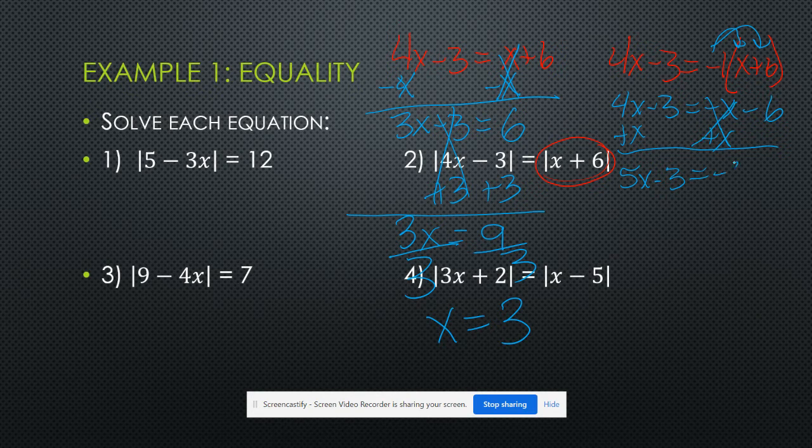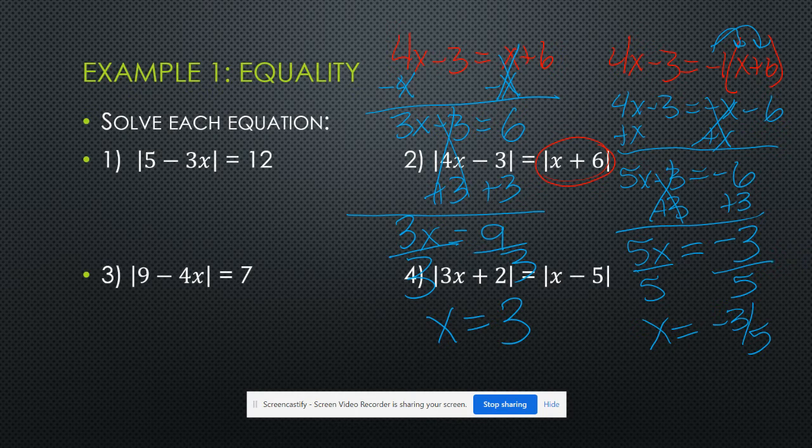This adds to 0, and we have negative 6. Add 3. That adds to 0. Negative 6 plus 3 is negative 3. And divide by 5, and we get x is negative 3/5.